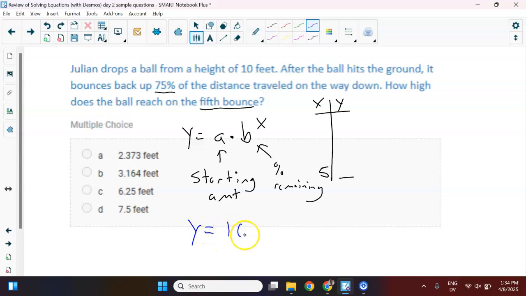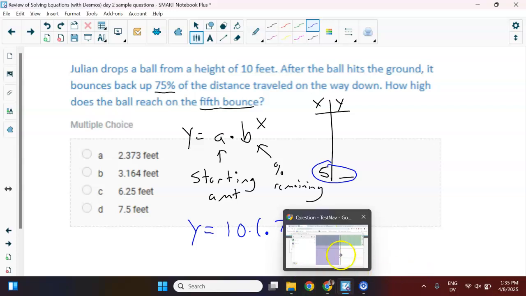Okay, so our starting amount here is 10, and we have 75% remaining after each bounce. So x is going to be our number of bounces. So we're going to take 10 and multiply by 0.75 x times. Again, we want to find out what it'll be on the 5th bounce.